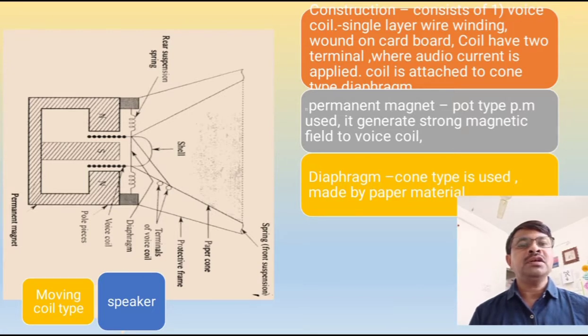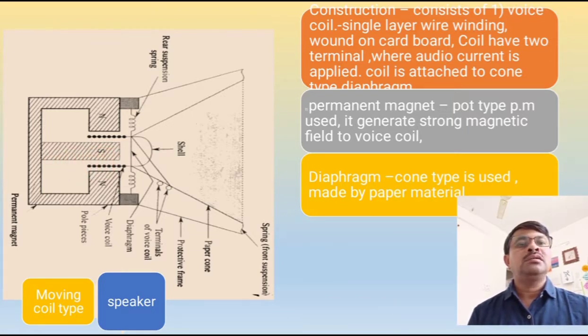As you can see on your screen, this is the internal diagram of moving coil type speaker. Construction. It consists of, number one, voice coil. This is the voice coil.